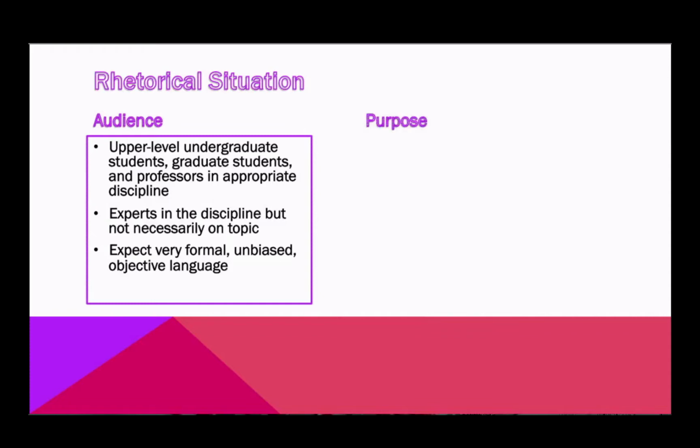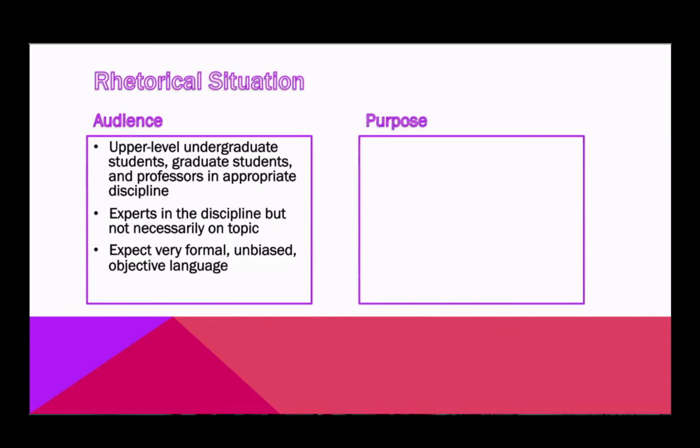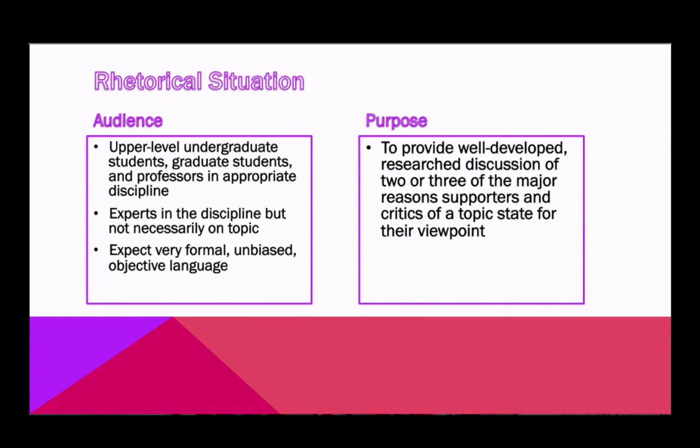Okay, now let's talk about purpose. The purpose of your paper is to provide your readers with a well-researched, unbiased, objective, balanced report of at least two sides of a controversial issue.